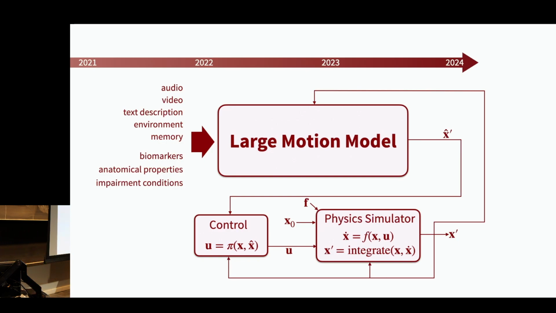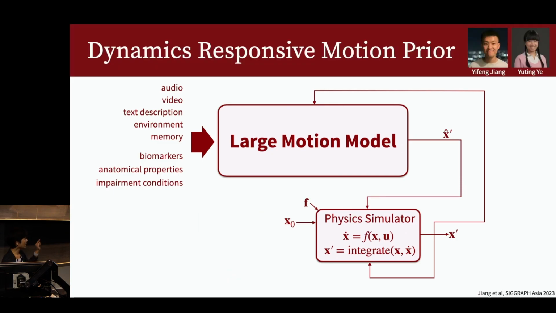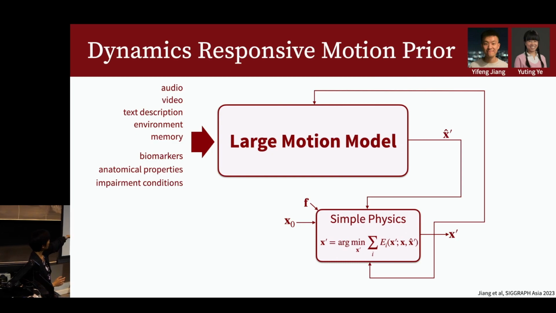All right, so maybe we can just bypass this low-level RL policy altogether and invent a new physics engine that can directly interface with a large motion model. And that's what we did in this project. We call it, or I call it, simple physics. So basically, if we directly interface with a large motion model, the input to the physics is a state rather than a control or action.